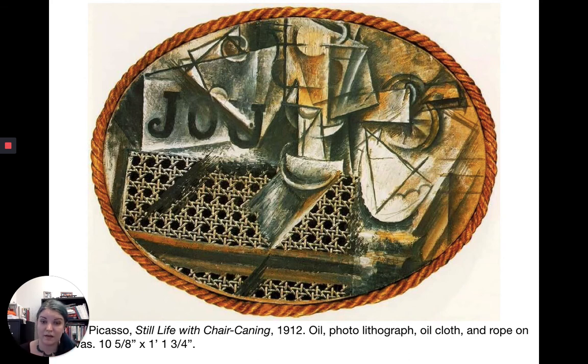But it is in fact a photolithograph of the chair caning from a chair. So it's an image of this thing that it is purporting to be, and that is then pasted into this collaged piece that has oilcloth included in there, then it has oil paint, and then it has the rope glued on around the outside.